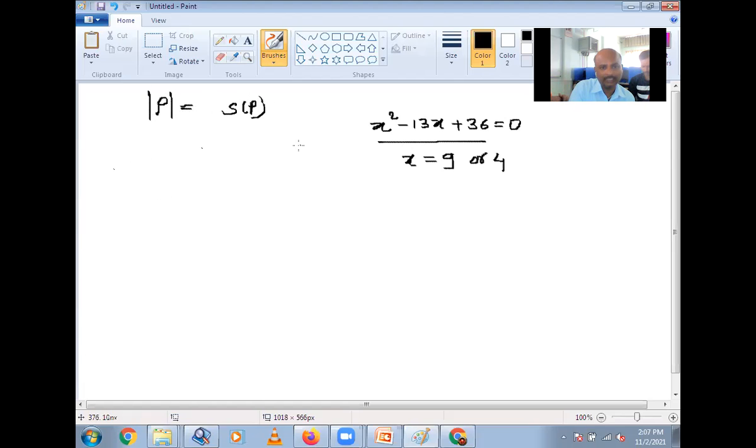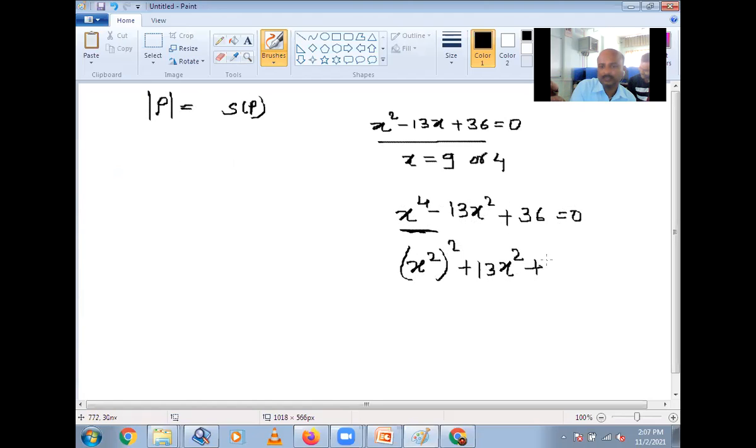If the problem is large, suppose x raised to 4 minus 13x square plus 36 is equal to 0, then you have to divide it: x square squared minus 13x square plus 36.